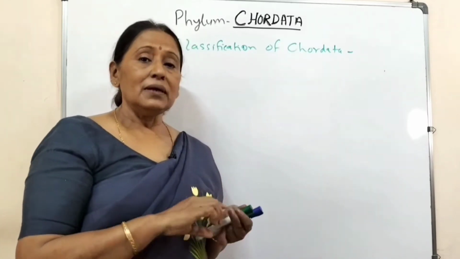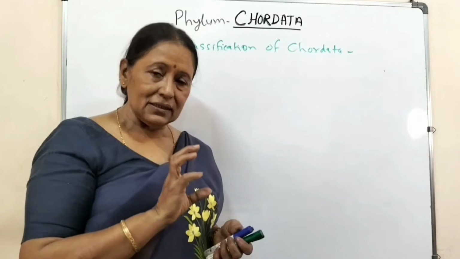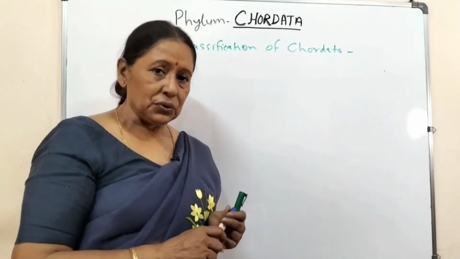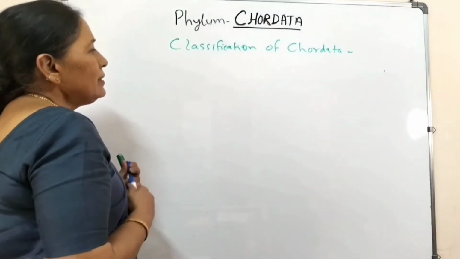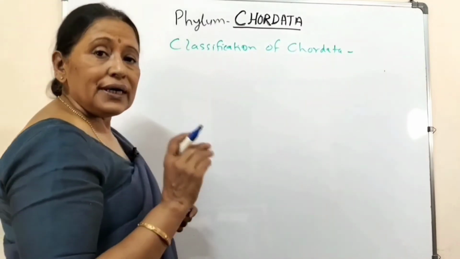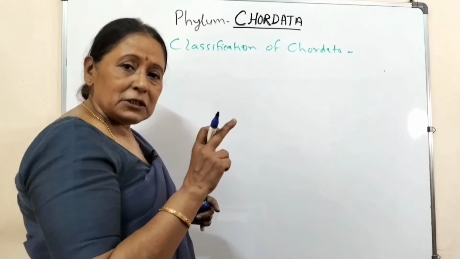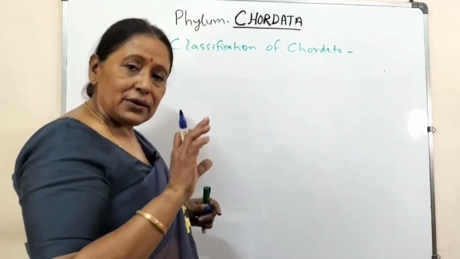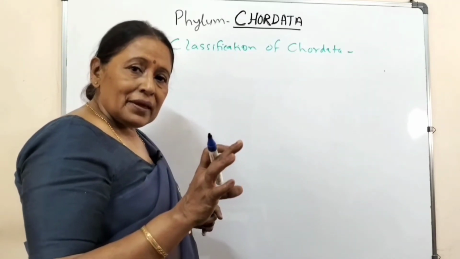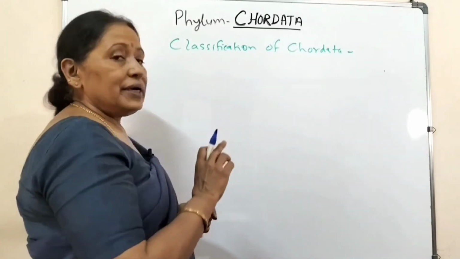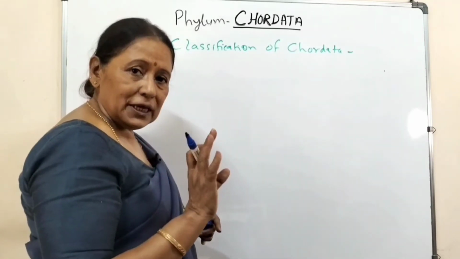This was formed on the basis of presence or absence of notochord. But this classification of chordata is also on the basis of notochord. On the same basis on which chordates and non-chordates were divided into 2, chordates are divided into 3.